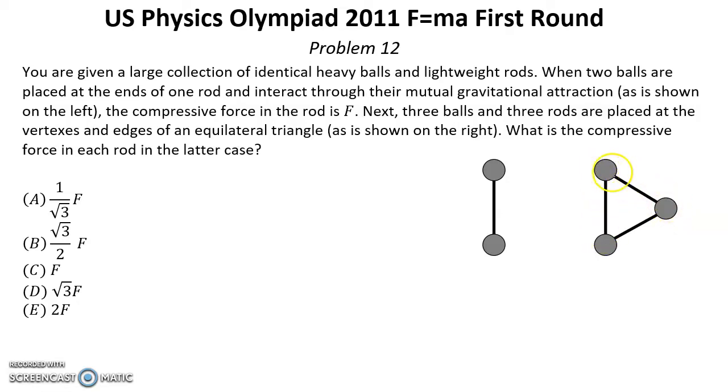We can see that the force of gravity between 2 neighbor balls is equalized by the compressive force, the same compressive force F in each case. It means that the force of compression will be the same as in the first case. So the solution is C, force equals F.